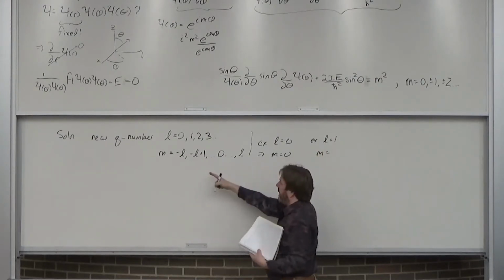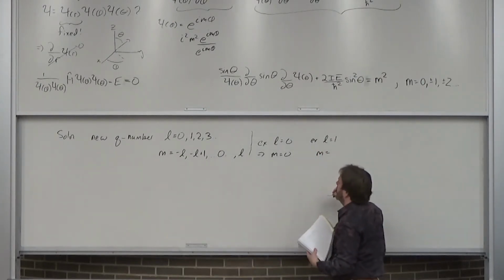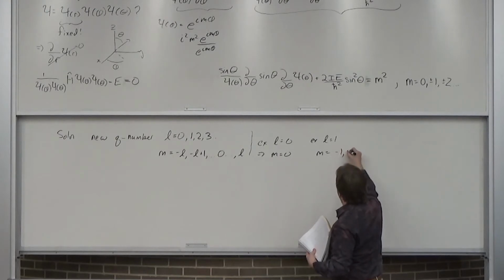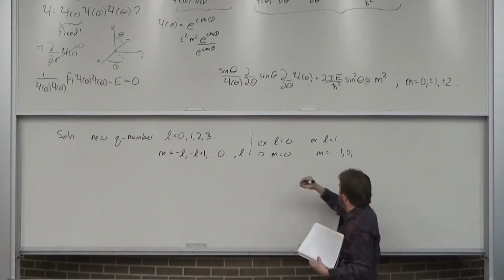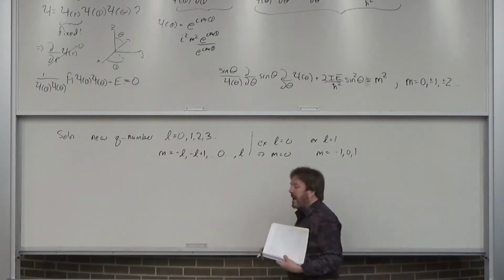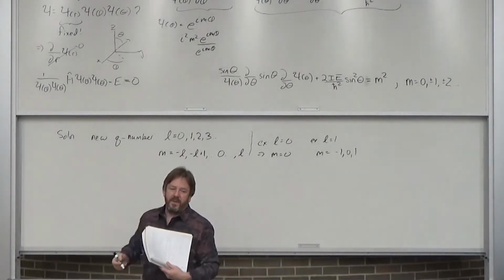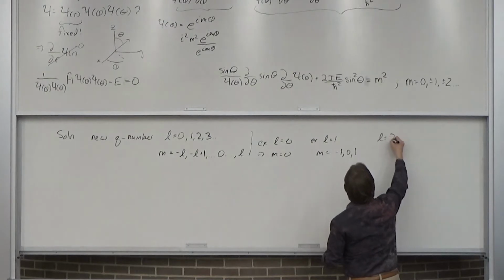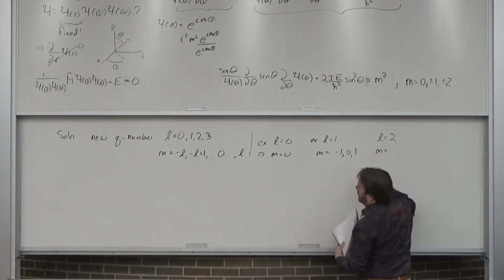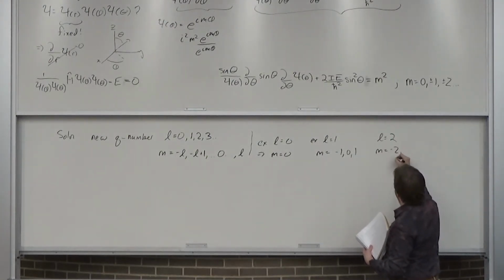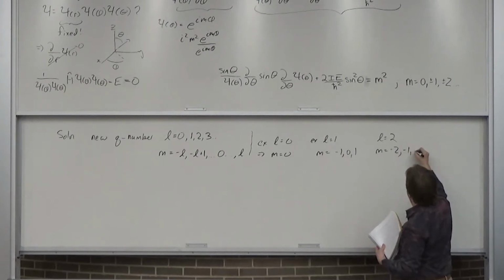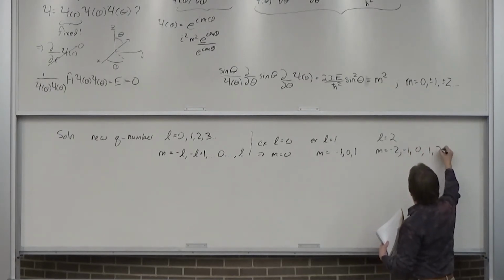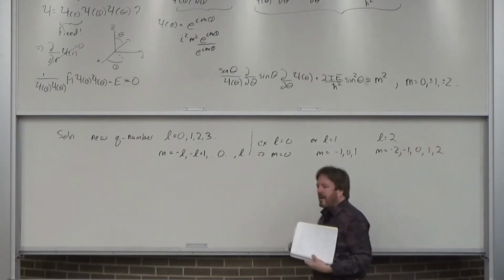M can be, looking at this, minus 1, 0, all the way to L, which is 1. So you can have 3 m sub values. Last one, and we'll stop there. For L of 2, m could be minus L, which is minus 2, minus 1, 0, and that's it.